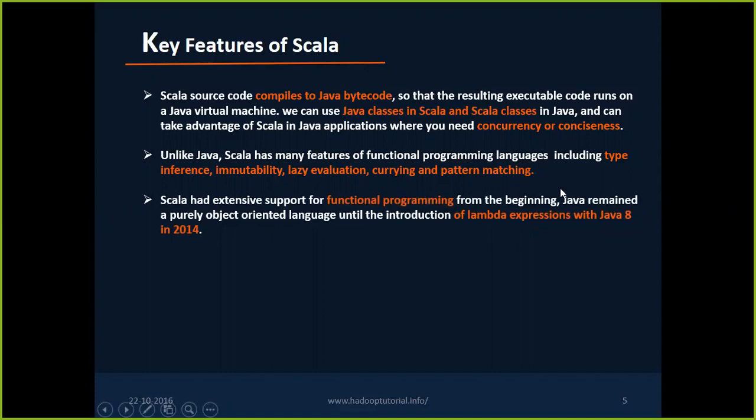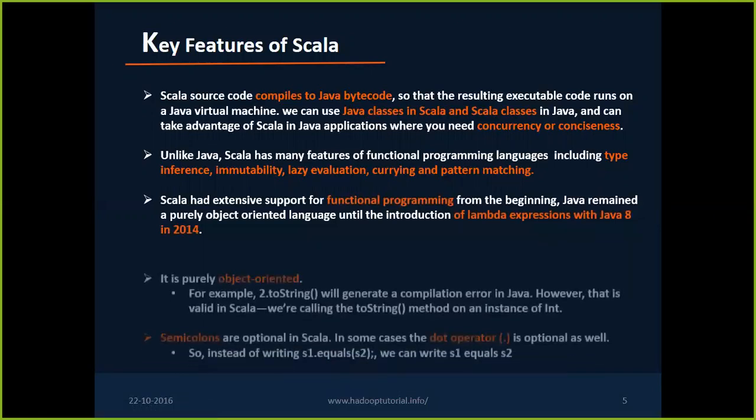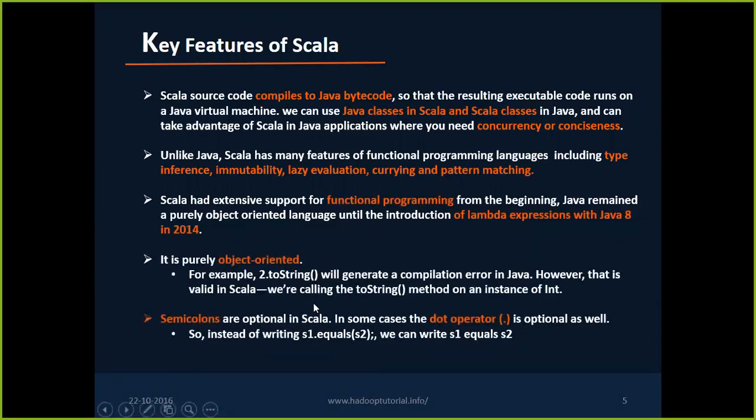We will start with these features in a few minutes. Scala had extensive support for functional programming from the beginning, whereas Java started with it from JDK 8 onwards.